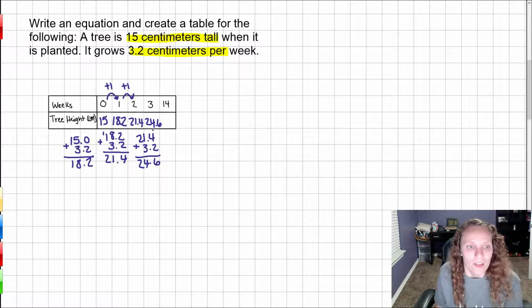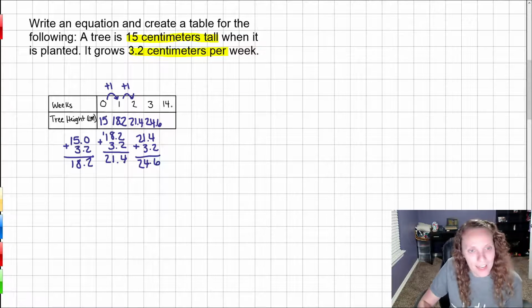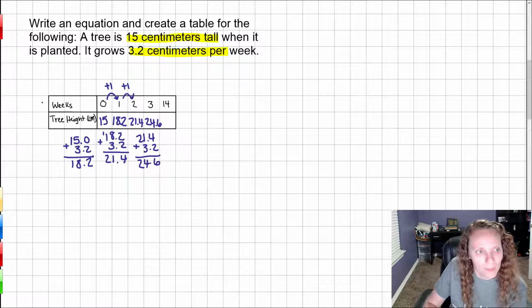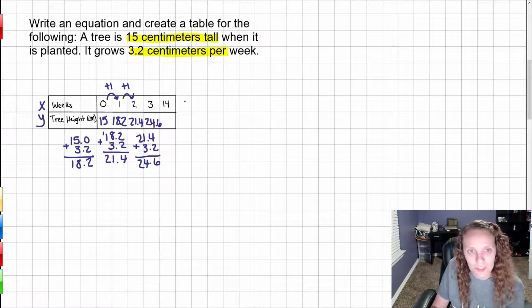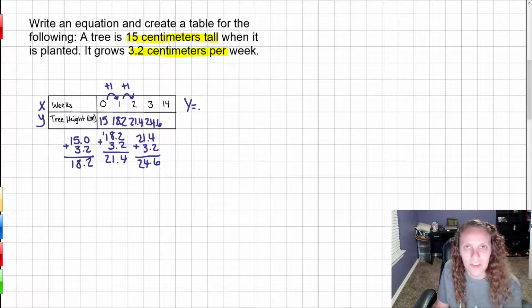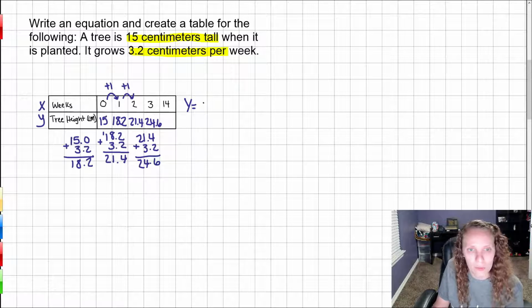So there's another way of doing this other than adding 3.2 14 different times. We could take this 14 and plug it in. Remember, this is x and this is y. And before we know what to plug in, we need to write an equation for this. So our equation would be y equals, instead of the letter m for slope, we're adding 3.2 each time.